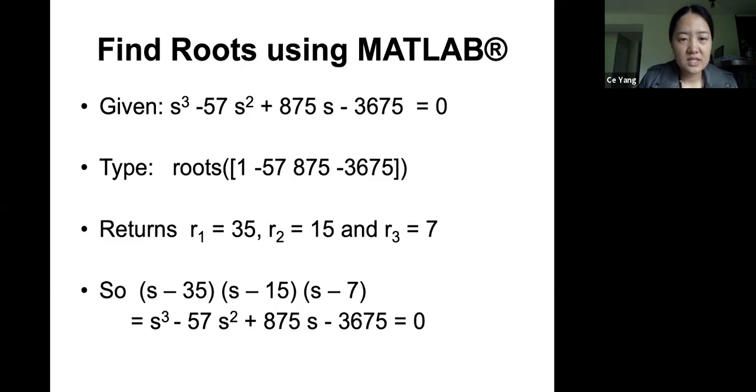First is 1, the coefficient for s cubed, and minus 57, the coefficient for s squared. In the end, it returns 3 roots. Root 1 is 35, root 2 is 15, and root 3 is 7. And then we know that this polynomial can be written as (s minus 35) times (s minus 15) times (s minus 7).